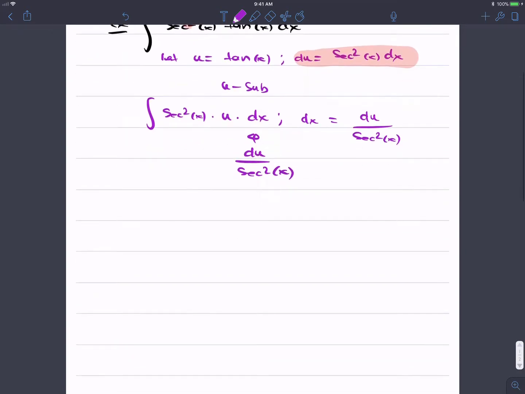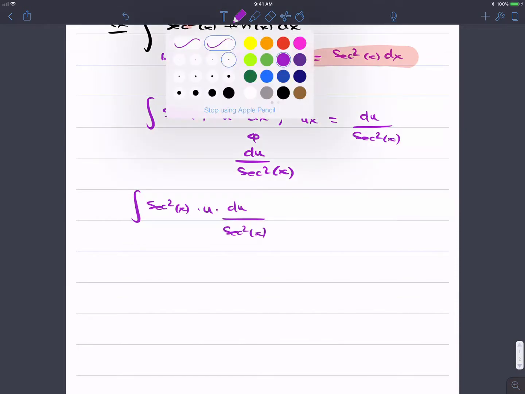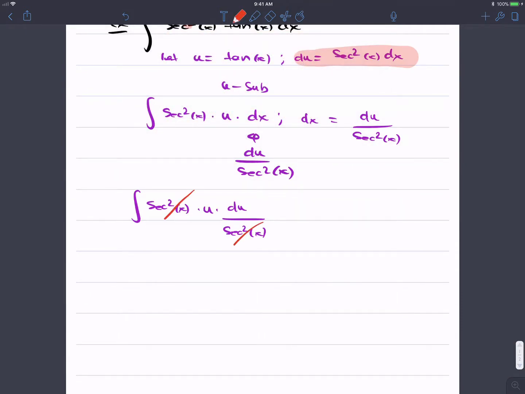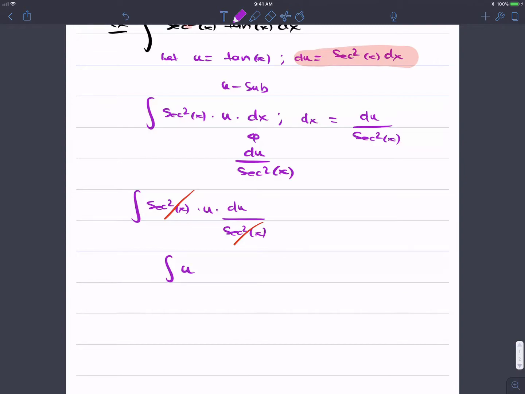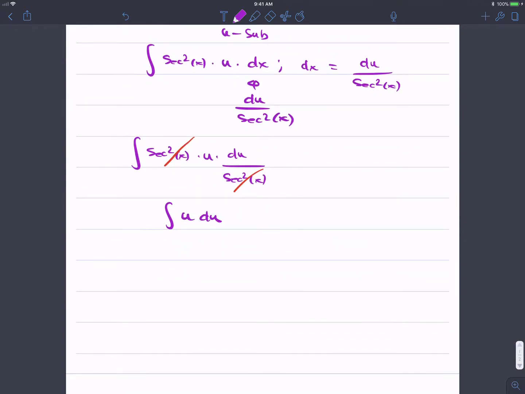So my integration now becomes secant squared times u times du over secant squared x. Secant squareds cancel, and we end up with the integral of u du. And so this becomes 1/2 u squared plus c.